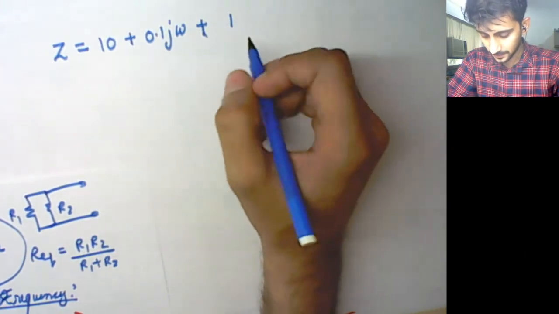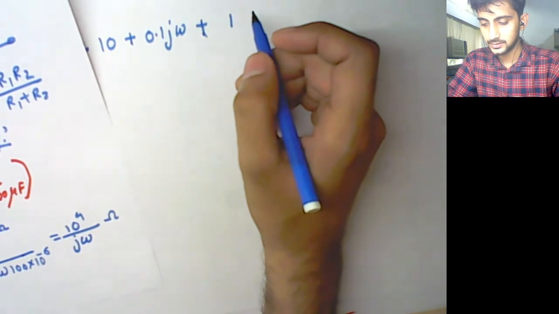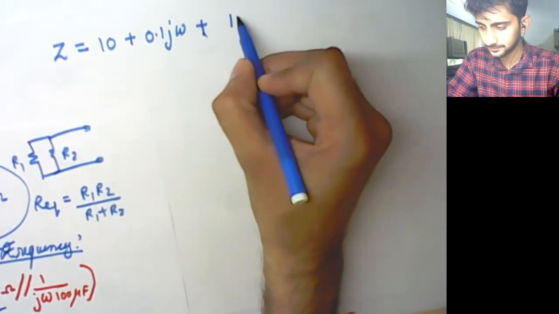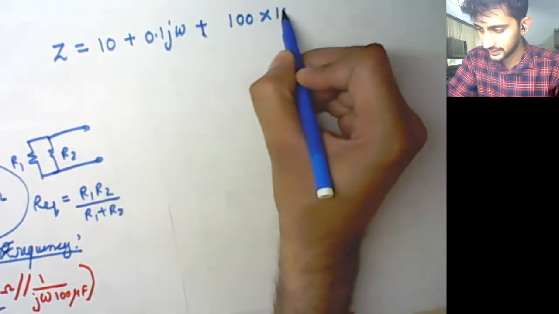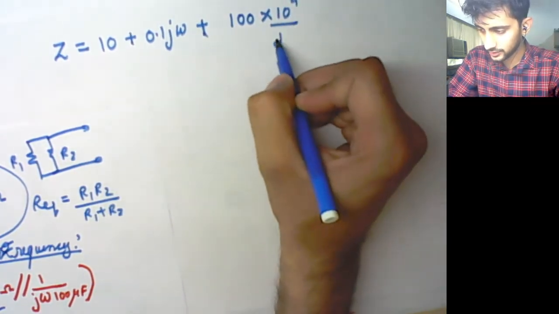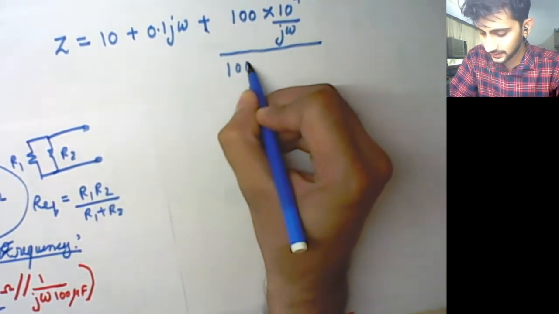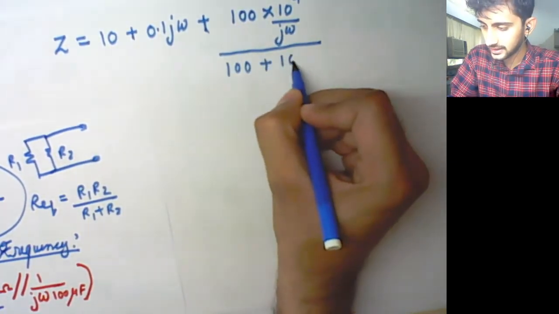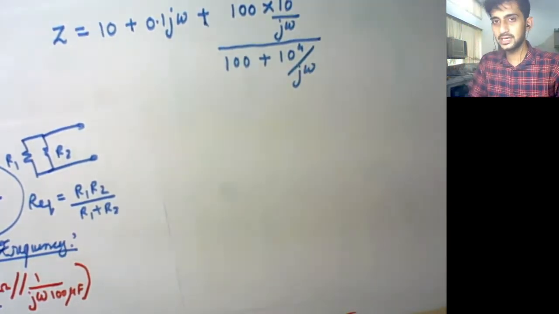It would be 100 into 10⁻⁴ upon j omega divided by 100 plus 10⁻⁴ upon j omega. Just like this.